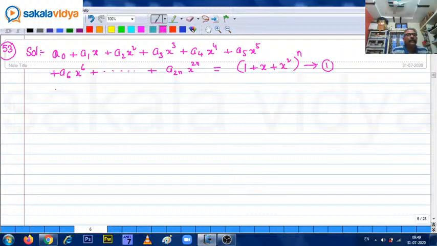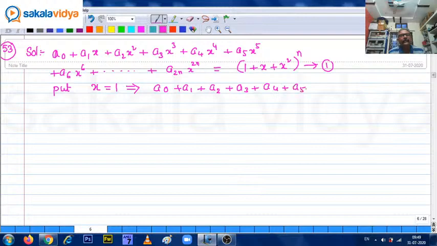Now here put x equal to 1. If you put x equal to 1, what do you get now here? a0 + a1, and 1 squared is also 1, plus a2 plus a3 plus a4 plus a5 plus a6 and so on equals (1 + 1)^n, that is 2^n.